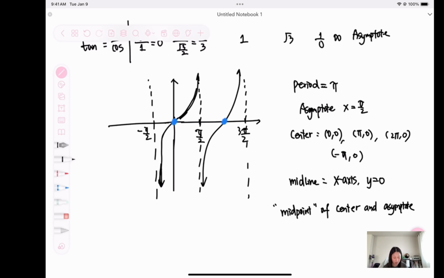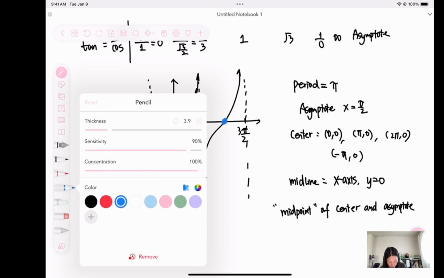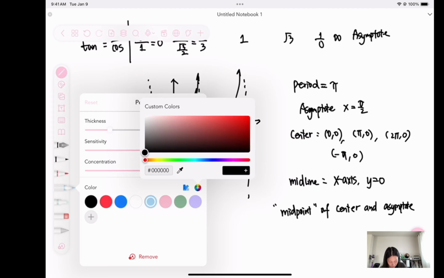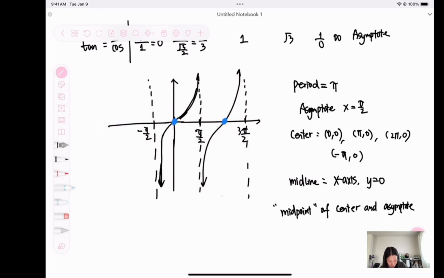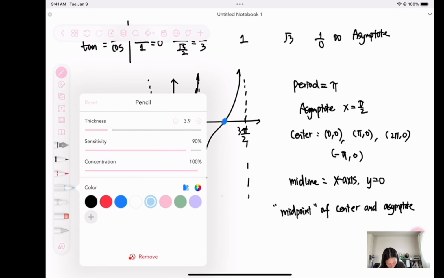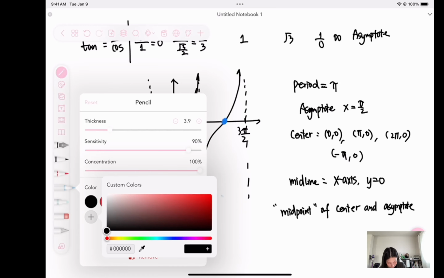Okay, in this case, the center is 0, the asymptote is pi over 2. So that means the middle of it should be, let me pick, maybe hot pink. So the middle should be, oops, I want the hot pink.